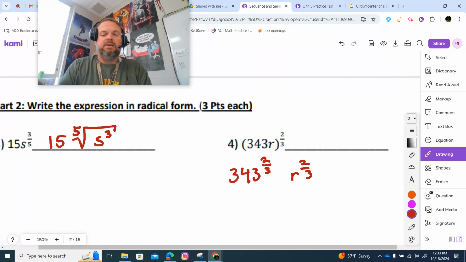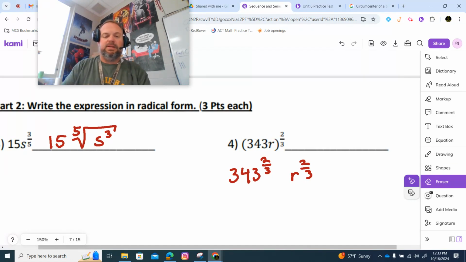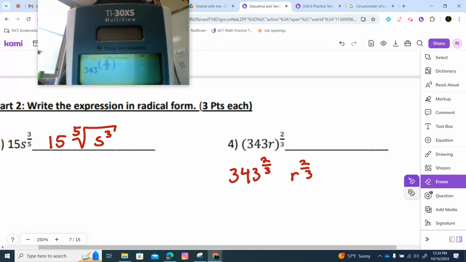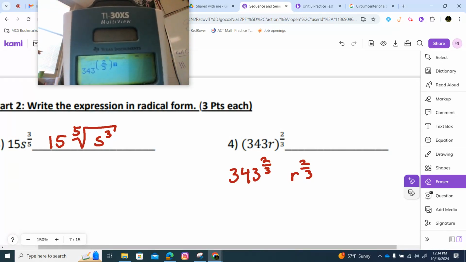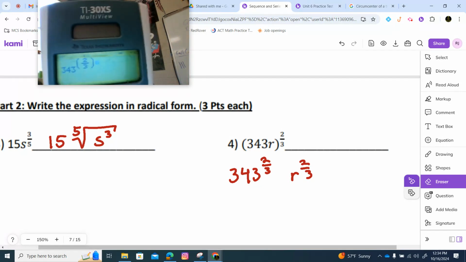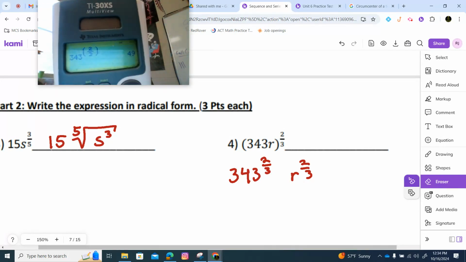So now remember, because this is like distributive property on steroids. We kind of have notes on that too. I can pull that up. So 343 to the 2 over 3. So what I'm doing is I'm checking to see if I can plug this into the calculator and see if it will reduce. Okay. Aha!